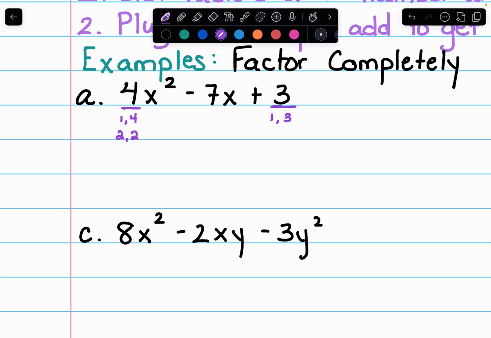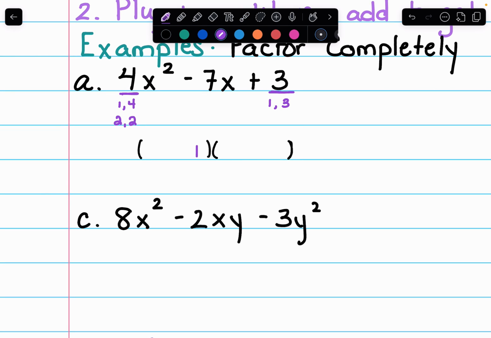So if we draw our parentheses, okay, I have to use this pair because it's the only pair, right, for 3. So I'm going to go ahead and place 1 and 3. You could have placed 3 and then 1.